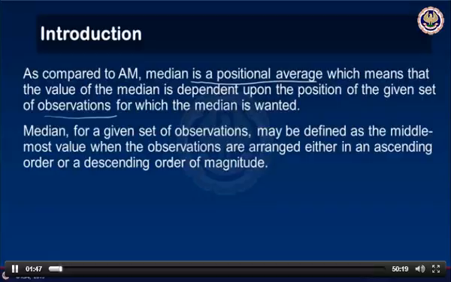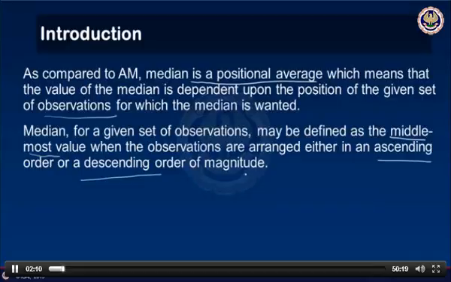Median, in a general scenario, we call the middlemost value, which is computed as the middle value after the data is ordered either in ascending or descending order of magnitude.